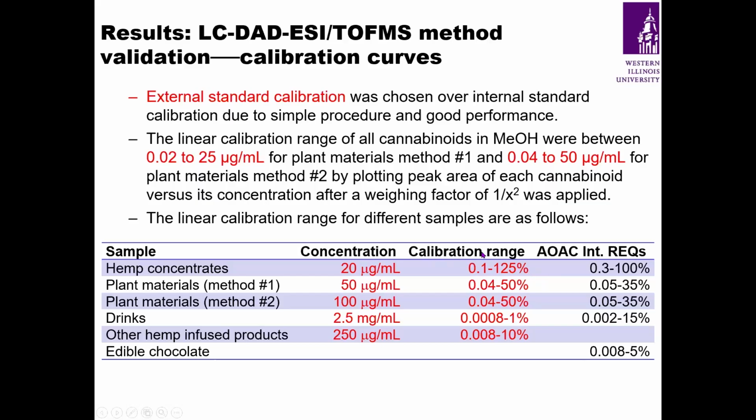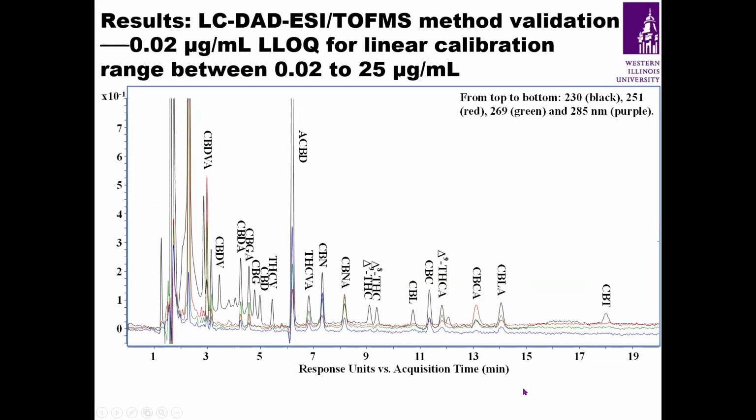You can see the calibration range for every type of sample met the requirement by AOAC International, listed here. The smallest R-square of all the calibration curves was 0.9880. Now, 0.02 microgram per milliliter LLOQ for linear calibration range between 0.02 to 25 microgram per milliliter is demonstrated in this chromatogram.